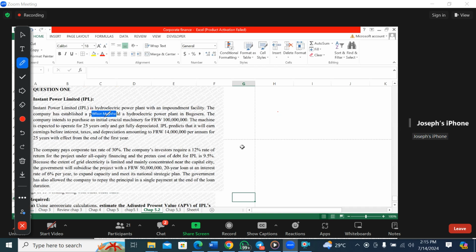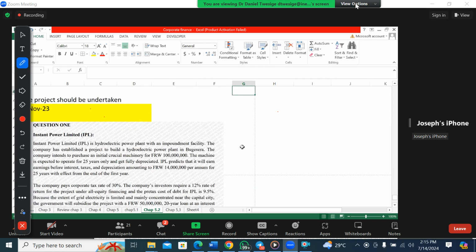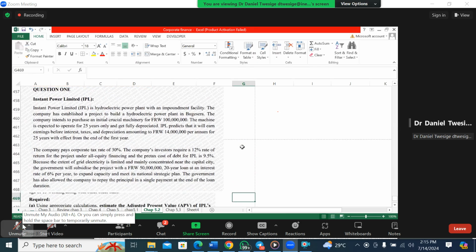This is question number 1, November 2023. The company has established a project to build a hydroelectric power plant in Bugesera. The company intends to purchase an initial crucial machinery for 100 million.